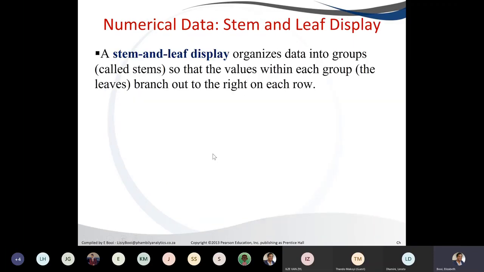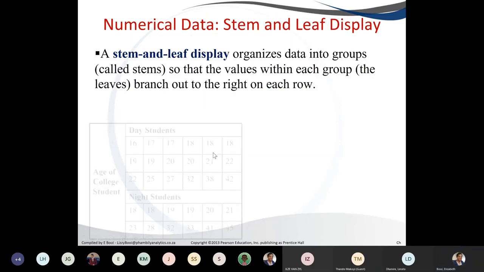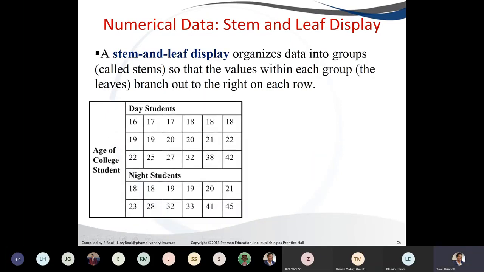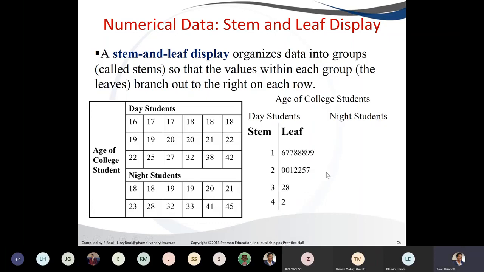So how do we draw this stem and leaf plot? To draw the stem and leaf plot using the same data that I was using there, we'll draw for day students and night students. So the first digit, remember it's ordered, we first put all the first digits on there.